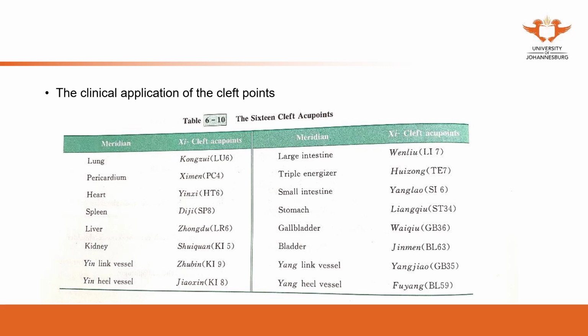So the function of the cleft points can be used for the acute diseases, for emergency, for the pain of the meridian or the organs. The cleft points of the yin meridians can be used for bleeding. So this is one of the most important categories.